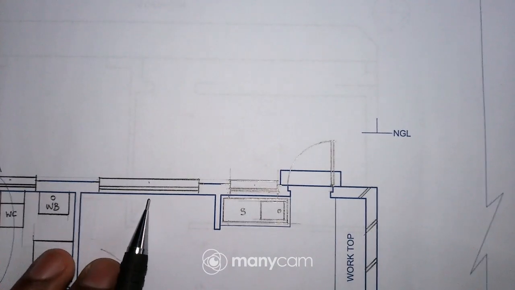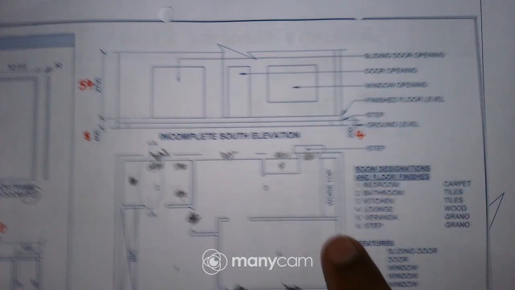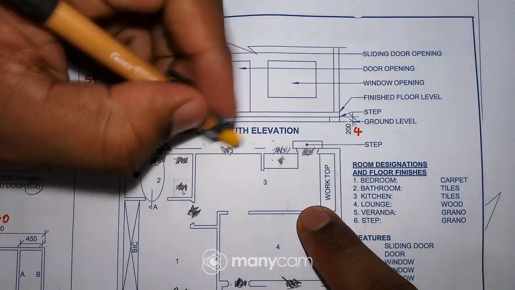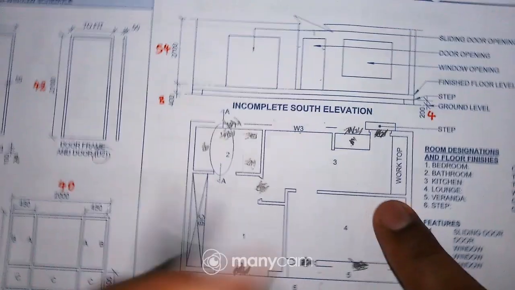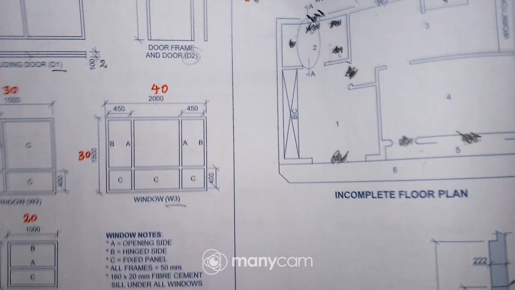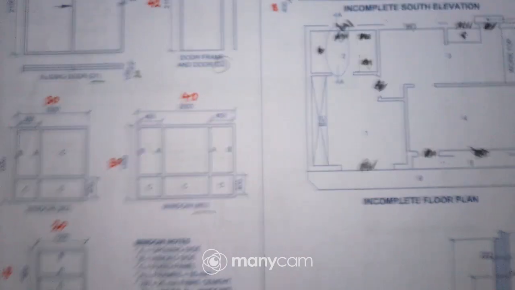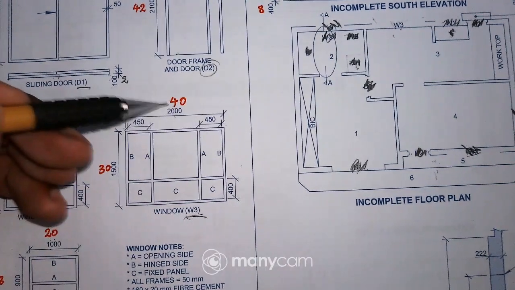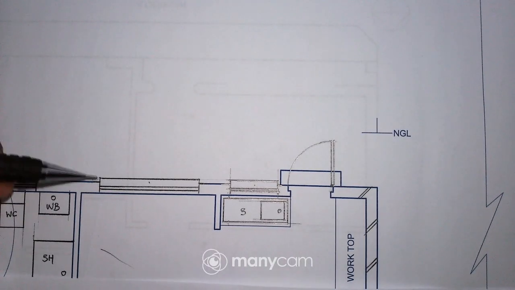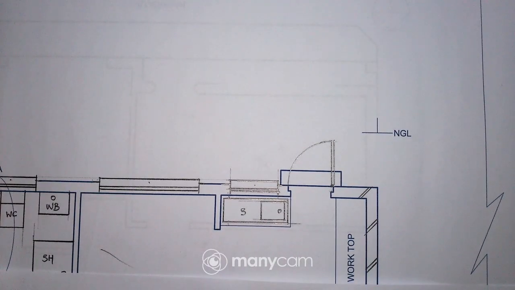And then because this is window, that window is window 3, right? So that means I'll have to check window 3. Window 3 is this one, and the length of that window is 40. That means I'll have to measure 40 right there.